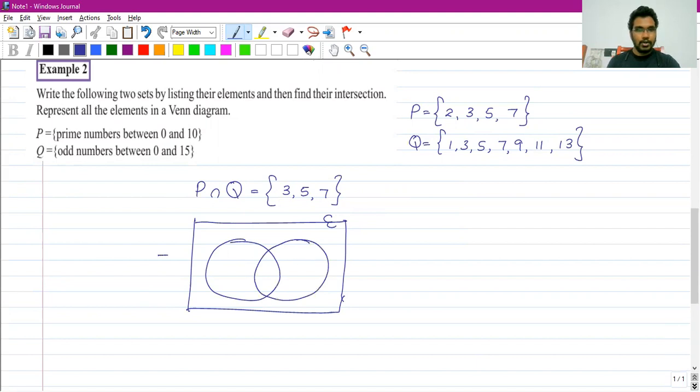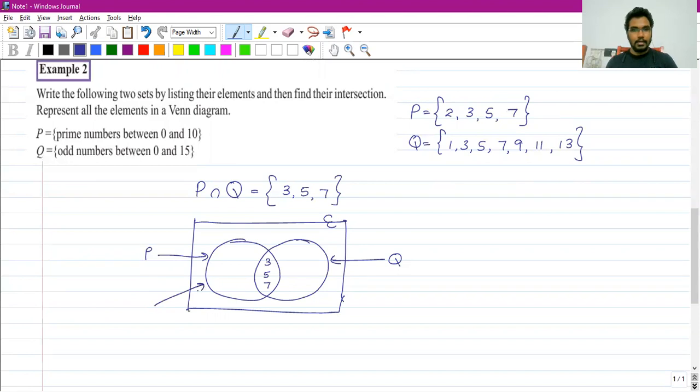Name this: this is P and this is Q. It is easy if you first mention this intersection, or mention these common elements first in this Venn diagram. So this is the intersection, the common area or the common elements of P and Q. So we can write 3, 5 and 7. We can write the other elements in the other part of these two circles.